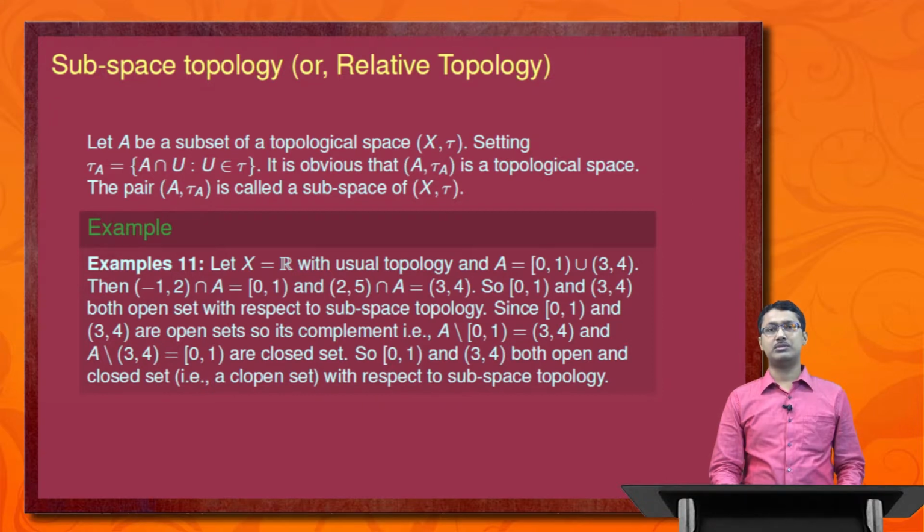Both of them are open sets, so their complements are closed sets. That means (3, 4) is an open set as well as a closed set. Similarly, [0, 1) is an open set, so its complement is a closed set. So both sets [0, 1) and the open interval (3, 4) are open and closed sets. This is called a closed set with respect to the subspace topology.